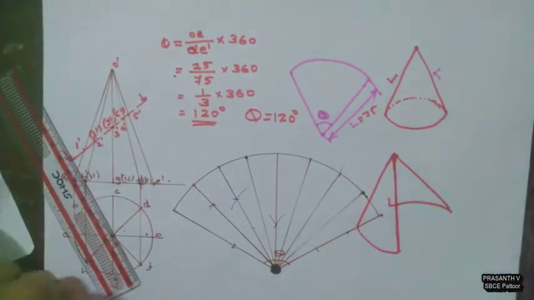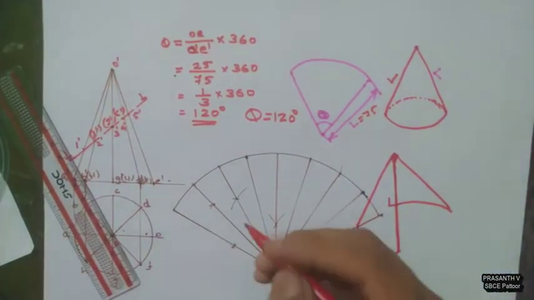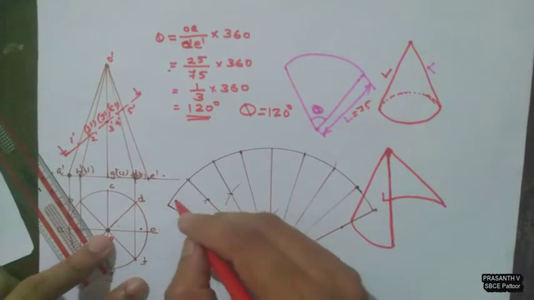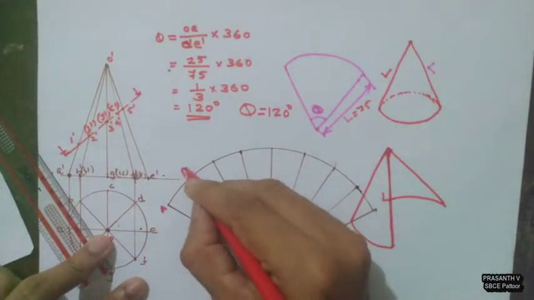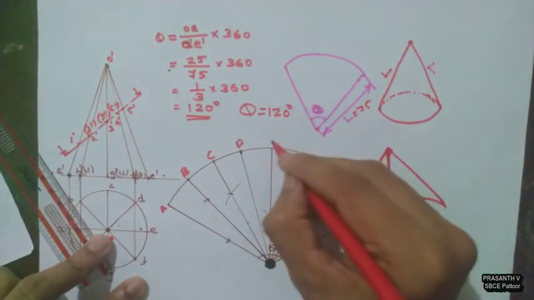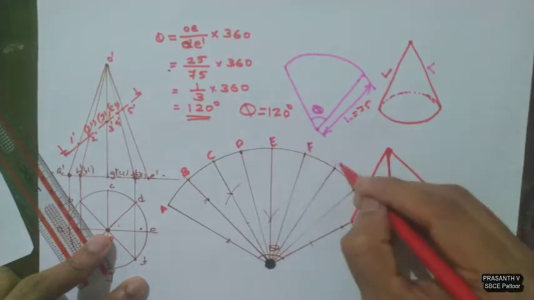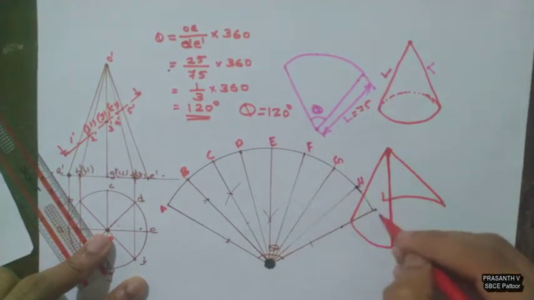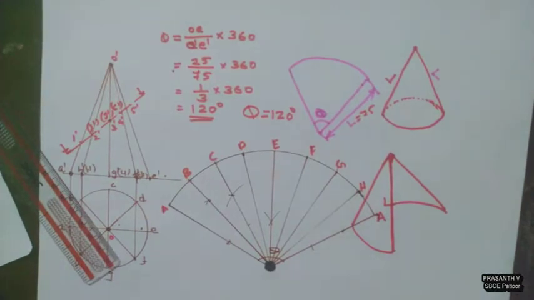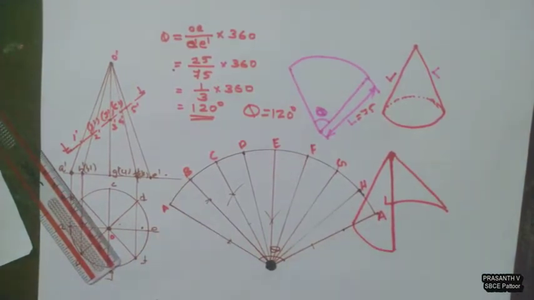See, now you have to give name to all these points. So here it is A, B, C, D, E, F, G, H, A. The start point and end point of any development will be the same.